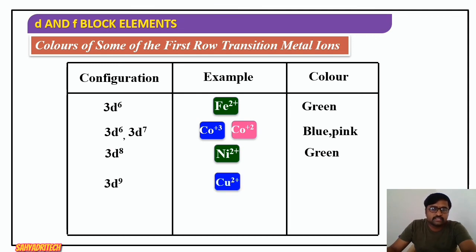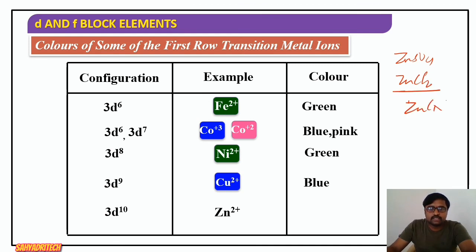Then d9 configuration, for example copper 2+, which is blue in color, and for d10 configuration I can consider Zn2+ compounds: zinc sulfate ZnSO4, zinc chloride ZnCl2, zinc nitrate Zn(NO3)2, such compounds. What is the color? They are colorless.